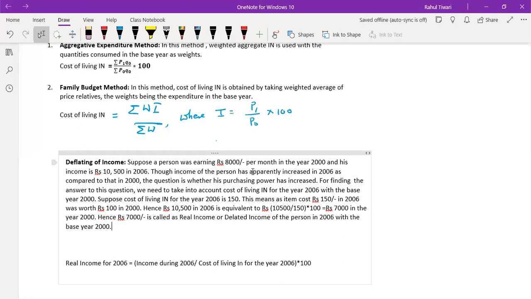But the question is whether their purchasing power has increased or not. Meaning, income has increased, but their expenses have also increased.